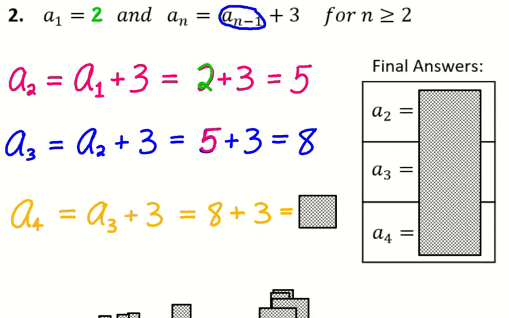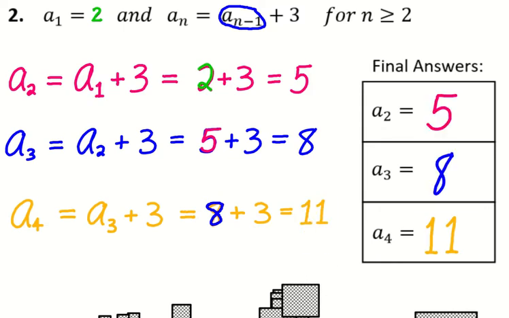And so, you know, when I go to find the fourth term, now it's the previous term, which is 8 plus 3 to be 11.